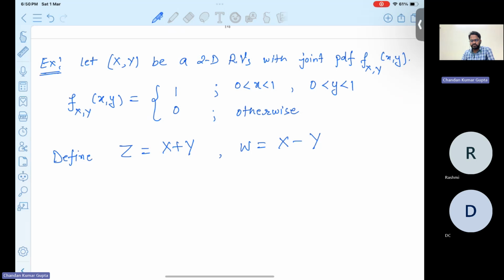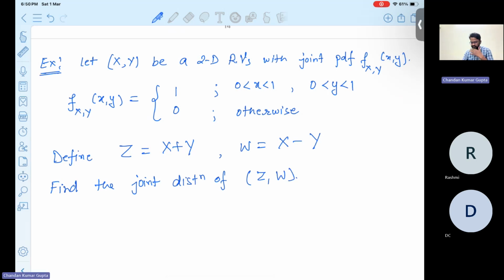There are different kinds of transformed random variables. Here z is defined as x plus y and w is defined as x minus y. Our aim is to find the joint distribution of z and w.